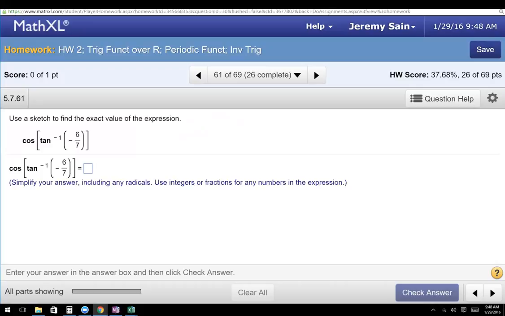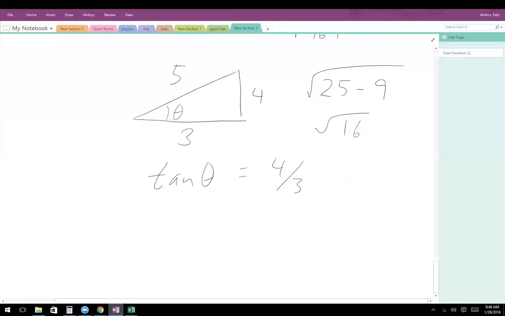Oh, that one's not a perfect triangle. That's sad. Let's do it anyway. So 6/7. It says inverse tangent of negative 6/7, and then cosine of that.